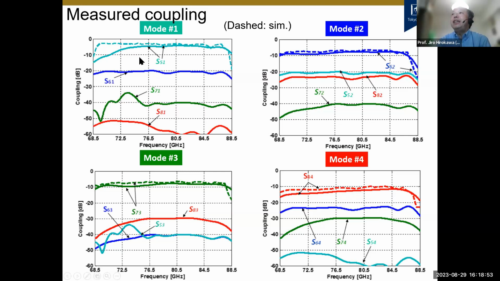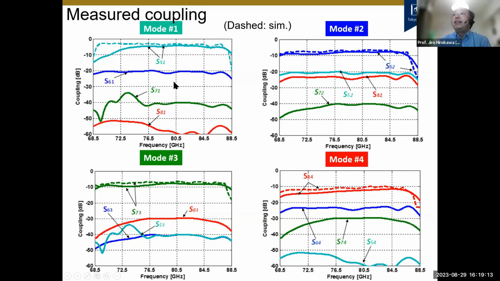In theory, we have perfect orthogonality. So in principle, undesired coupling is 0 in simulation. Of course, in actual measurement, we have some small coupling.